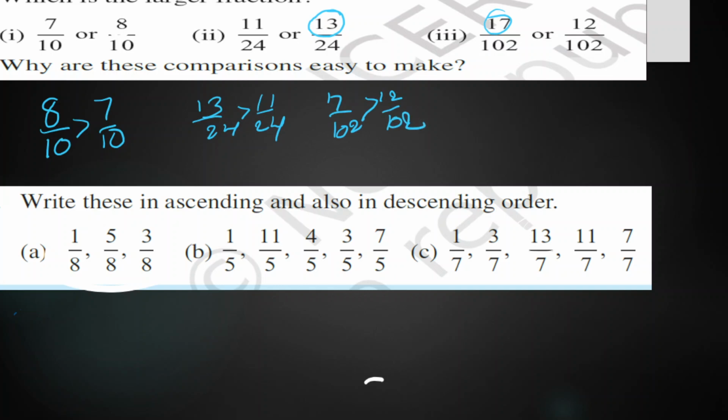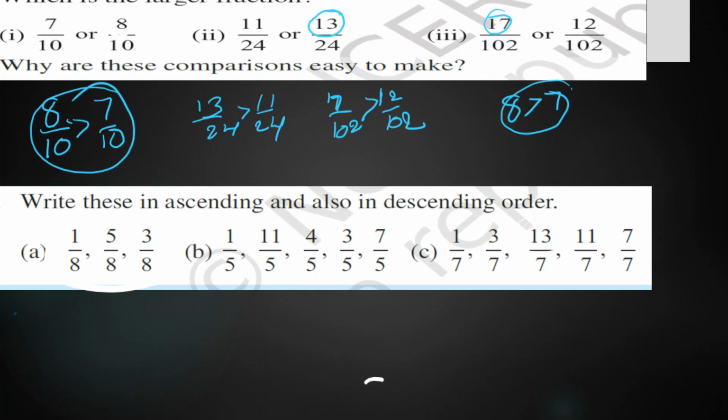Why are these comparisons easy to make? Because in all these comparisons of like fractions, the comparison is very easy because it is similar to natural number comparison. Here you know that 8 is greater than 7, and similarly 8 by 10 and 7 by 10 both are like fractions.